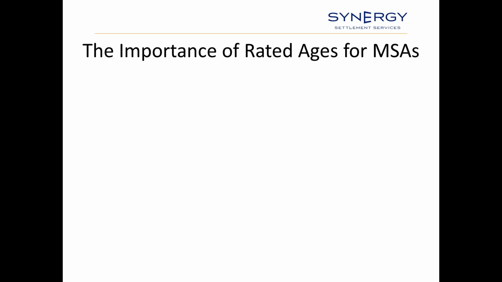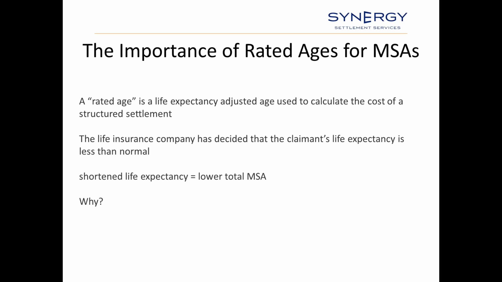And there's an important point about rated ages, and rated ages are used in structured settlements. And why it's important here is because Medicare accepts rated ages as evidence of a reduction of life expectancy.